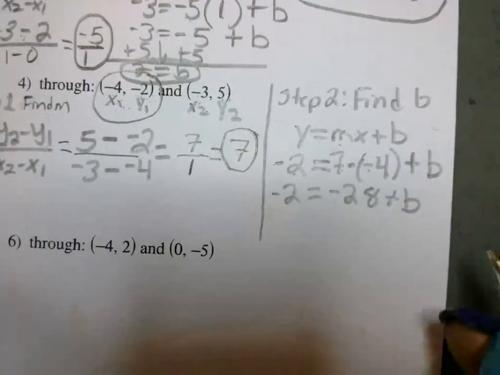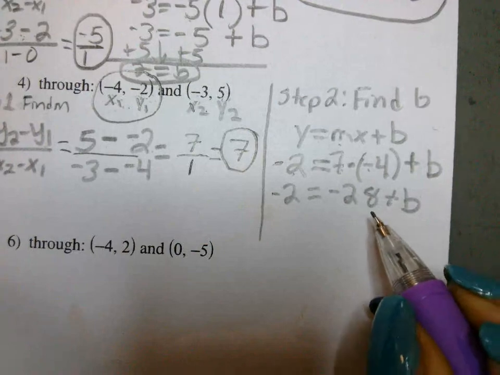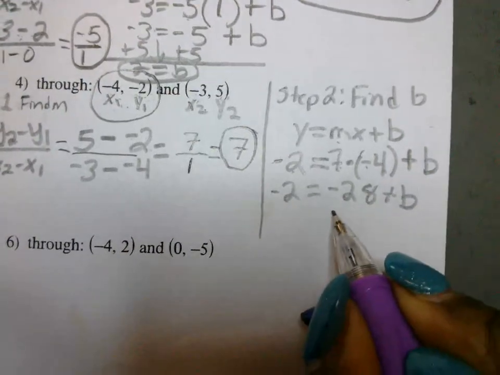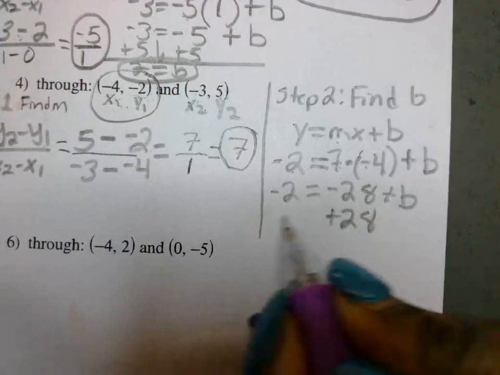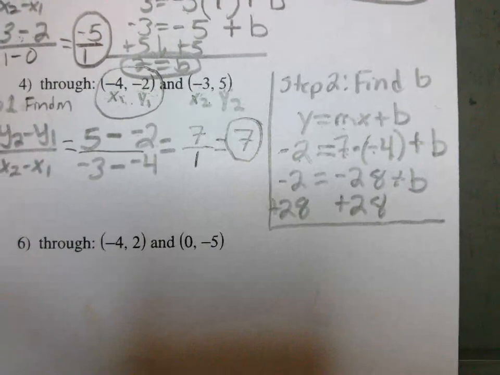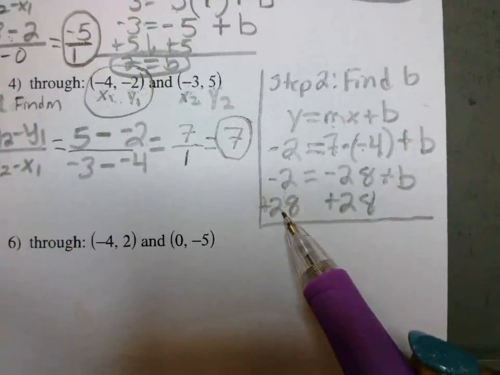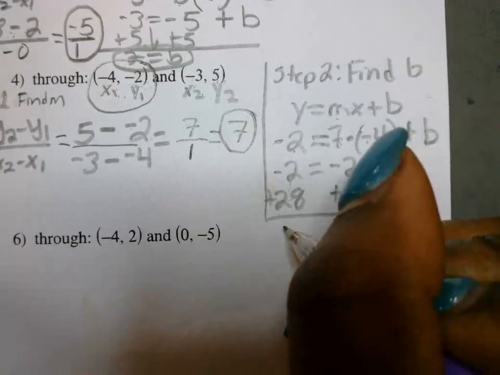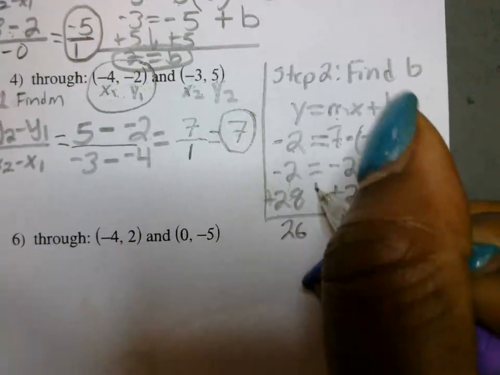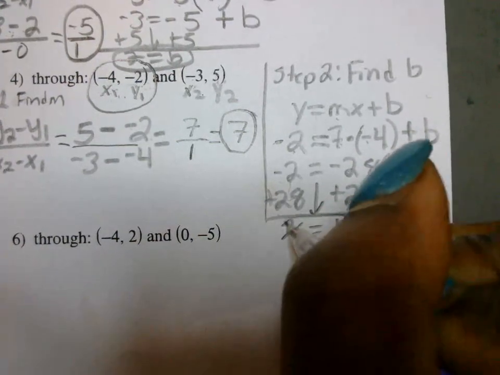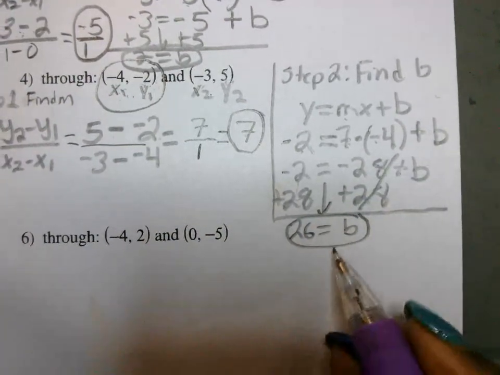Okay. Now let's solve for b. How do you get b by itself? Add 28 to each side. Good job. When you add 28 to this side, what's -2 plus 28? +26. So b is equal to +26.